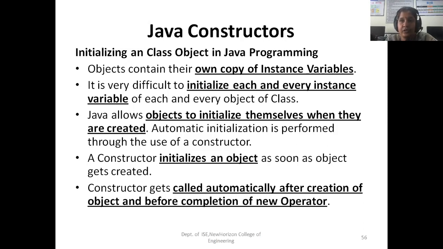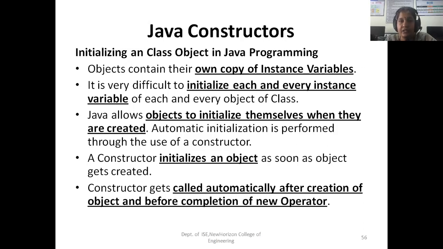You can create n number of objects, but each object is unique. So Java allows objects to initialize themselves.